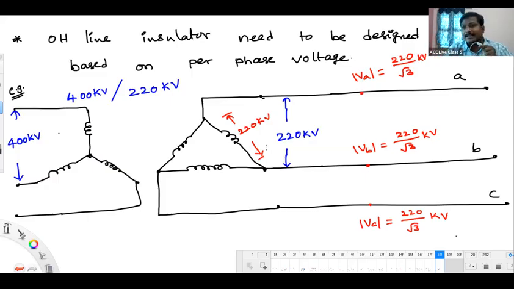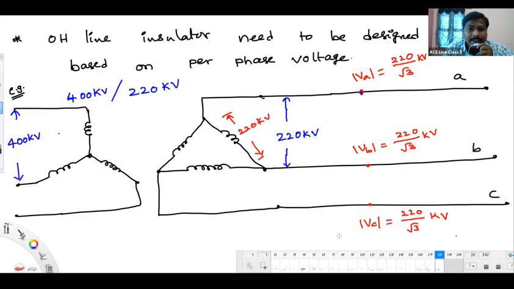But what I am asking here is, what is this point voltage? Point A voltage I am asking now. With respect to what do you measure that voltage? With respect to B or with respect to ground? Tell me all of you.